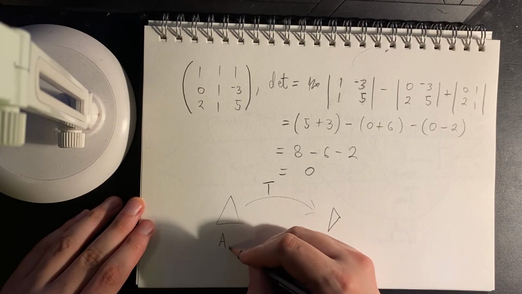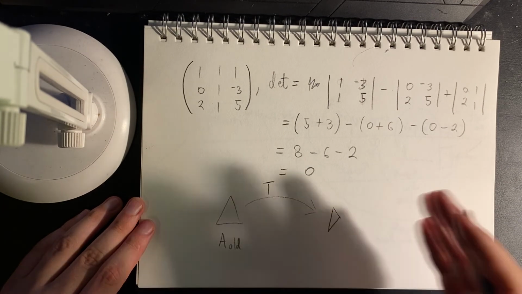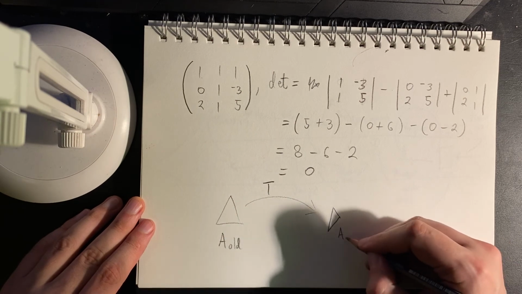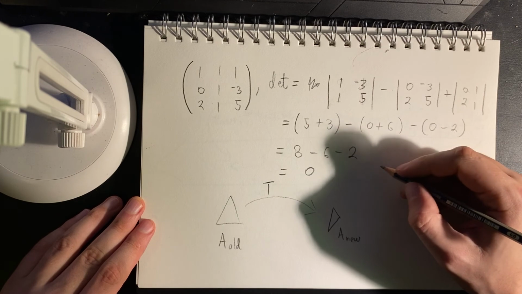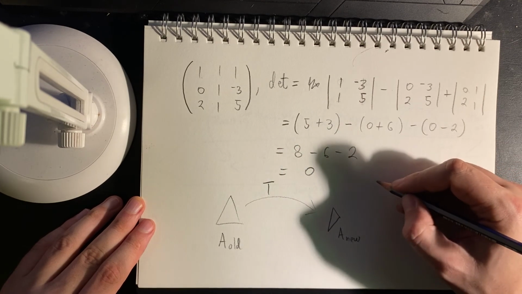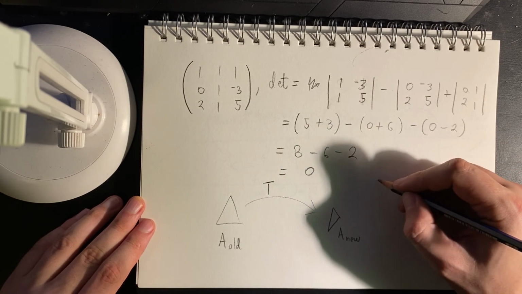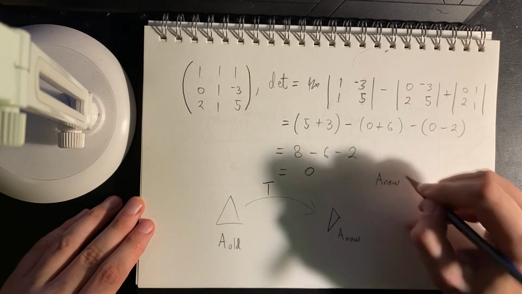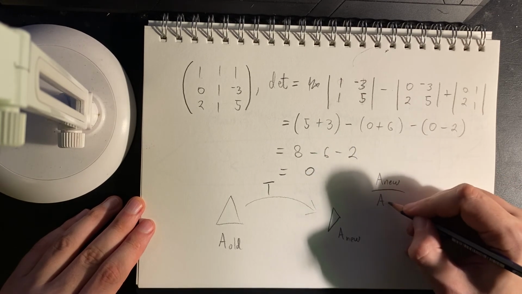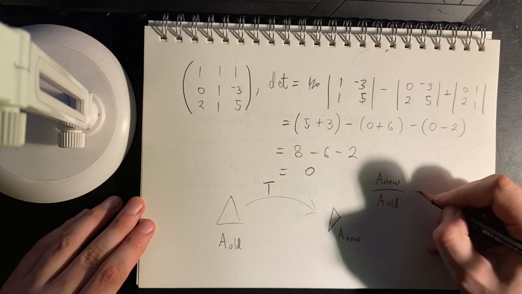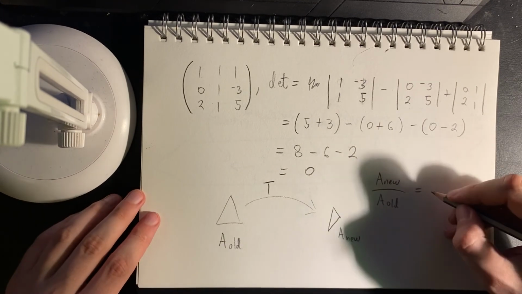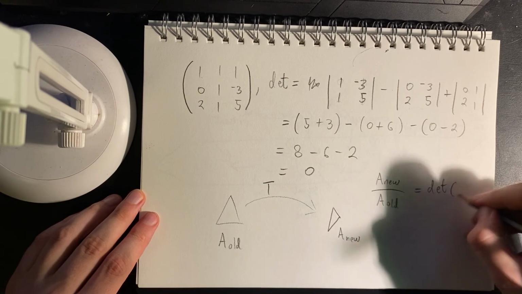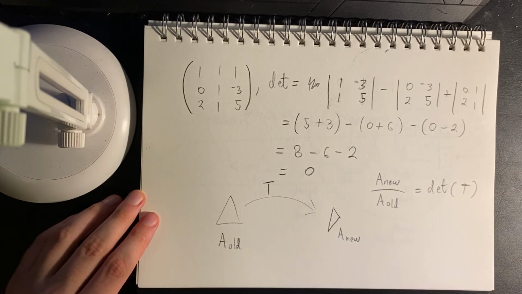We have an original area, an old area, and a new area of the shape. And it turns out that the factor, area new over area old, that shrinking or scaling factor is equal to the determinant of the matrix T.